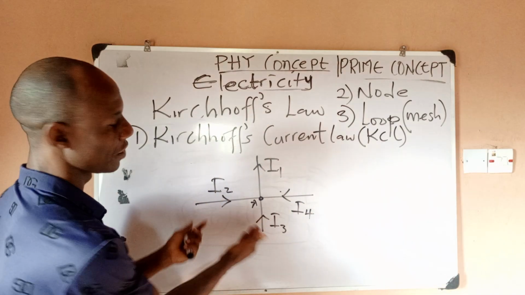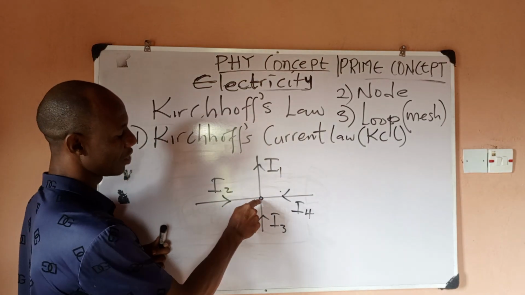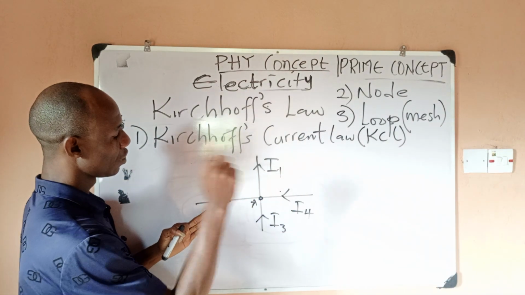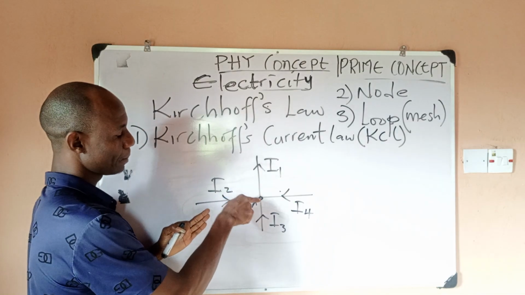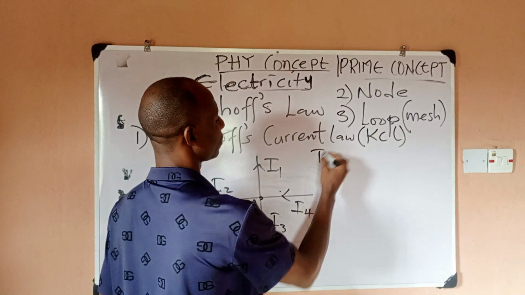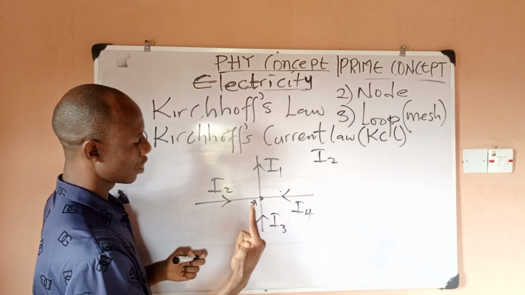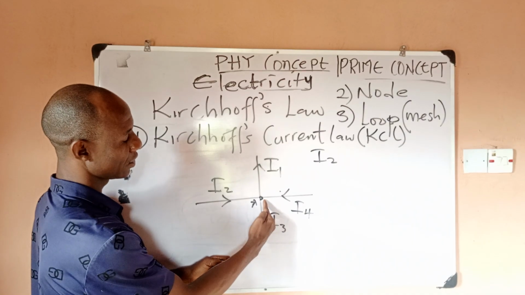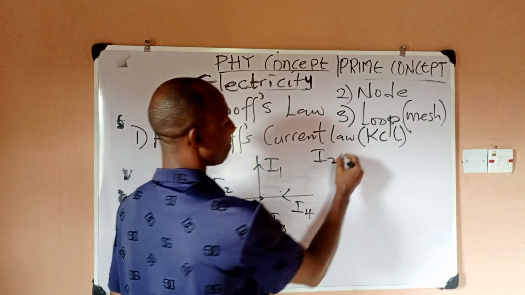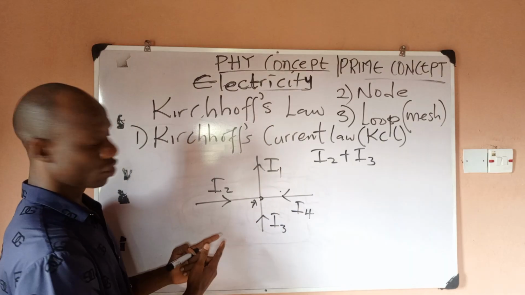So let's derive the formula from this. What are the currents entering this junction? If you watch, you'll notice that I2 is going to point A, so I'm going to write it. I2 is entering. Which other current is entering point A? You're correct, I3 is going to point A, so I'm going to say plus I3. Do we have another current going to point A?